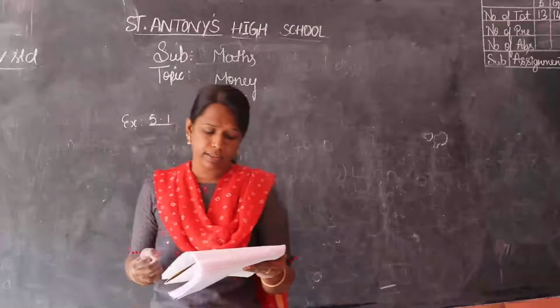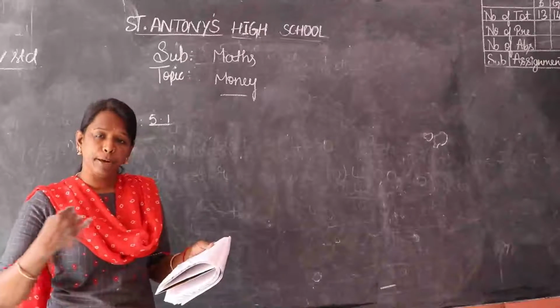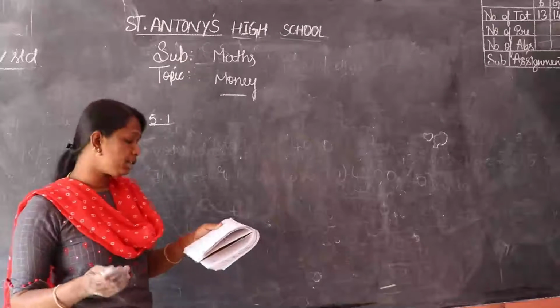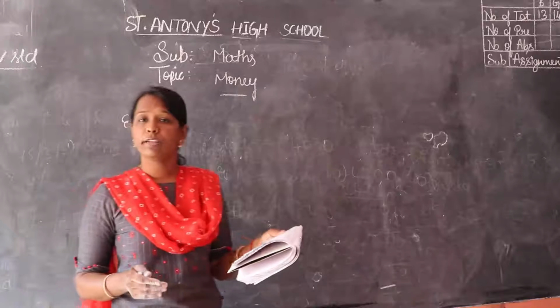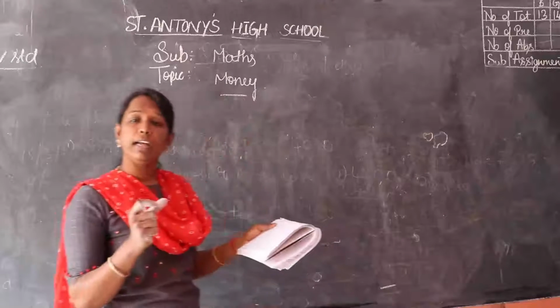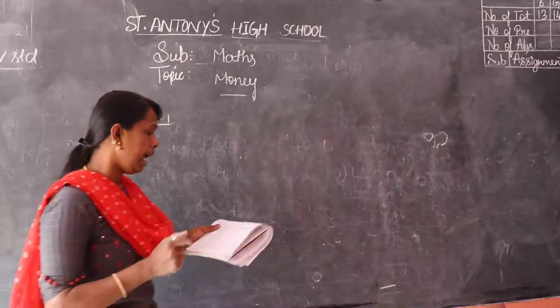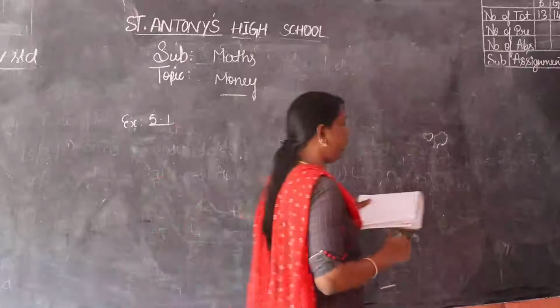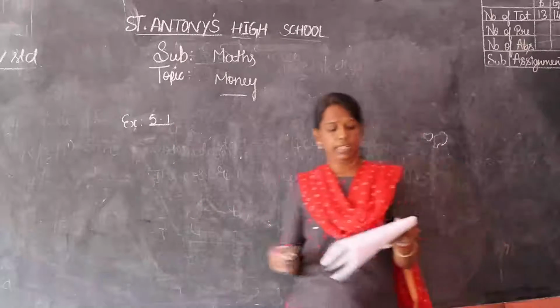If you are buying particulars like pant, shirt, salwar suit, etc., write the quantity in the next column, then the rate in the next column, and then the total amount in the next column.